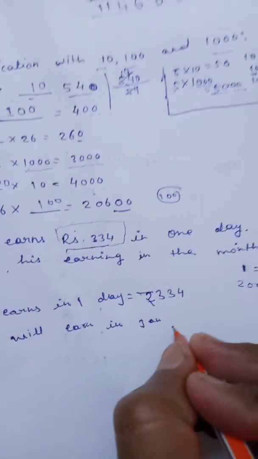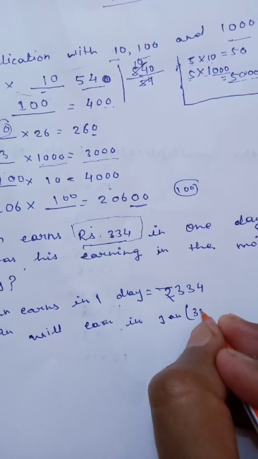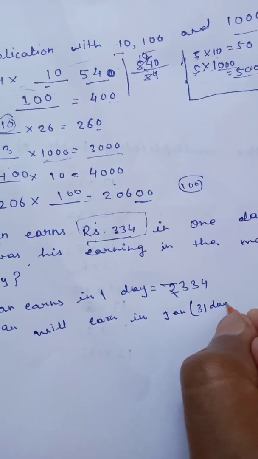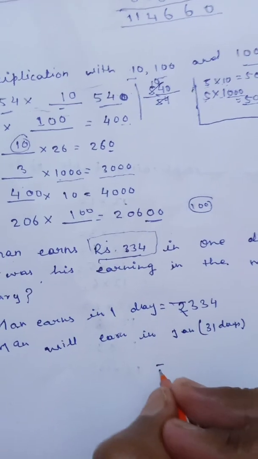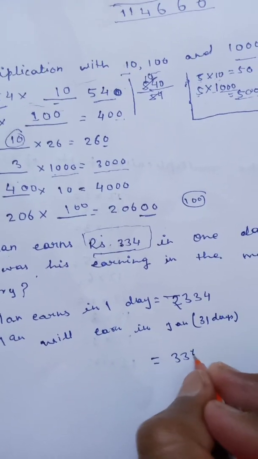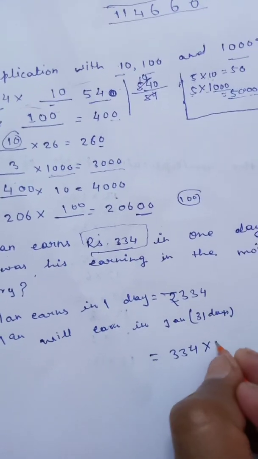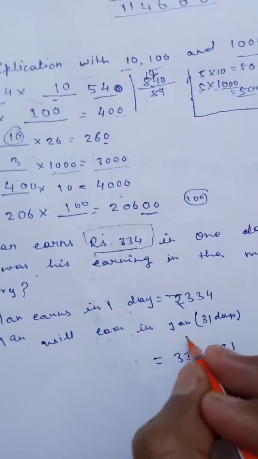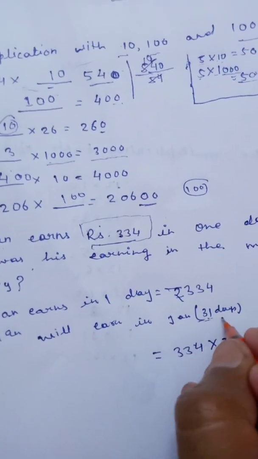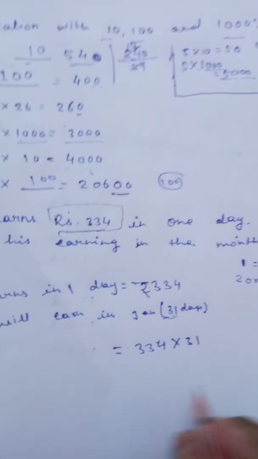You know how many days in January? 31 days. Okay, 31 days. So that is equal to 334 into 31, because the number of days is increasing, therefore we'll perform a multiplication here.